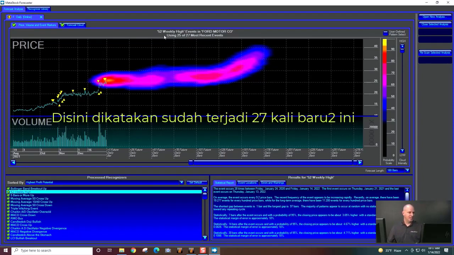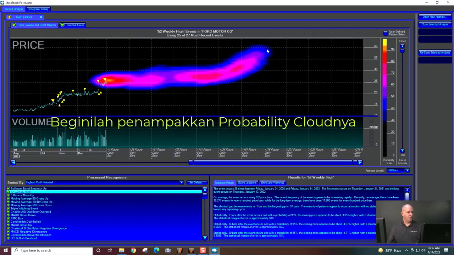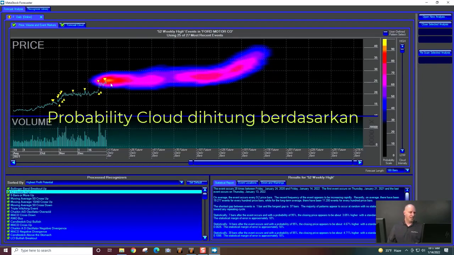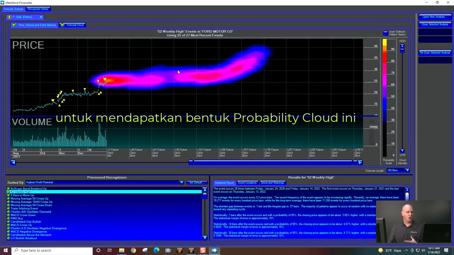So we can see here that it's happened 27 times recently, and this is what our probability cloud would look like. Now the probability cloud is based off of every time that this has happened historically. It runs a statistical analysis on it to help it identify what this probability cloud should look like.